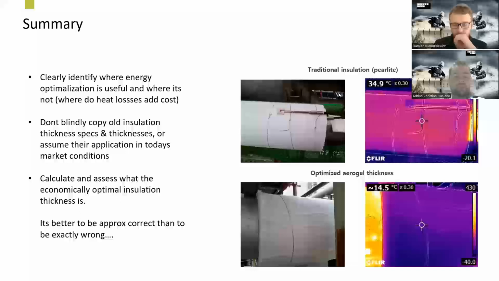The formulas are in place in the Excel sheet, so you actually just input the parameters and you get the answer out. So the optimization itself is almost instant, but what takes time is the first part, identifying the scope of work. So identifying the process, the pipelines, the right equipment to insulate. That's the time-consuming part.